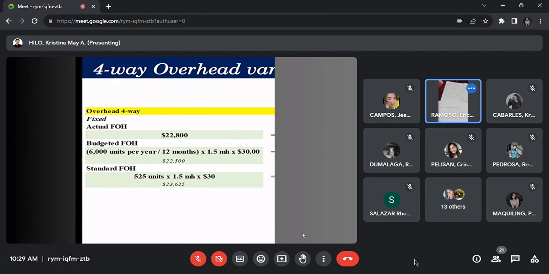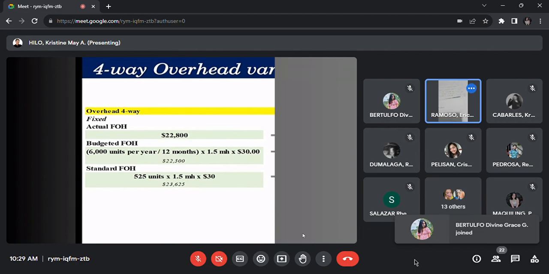So, next is fixed. The actual fixed overhead, the given, is 22,800. The 6,000 units per year we divide by 12 months, then times 1.5 machine hours times $30.